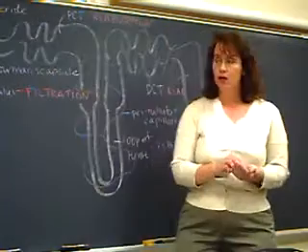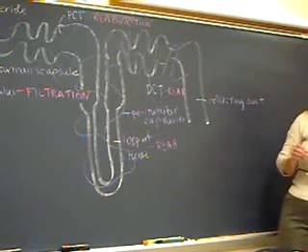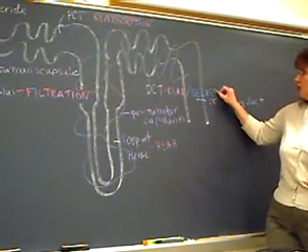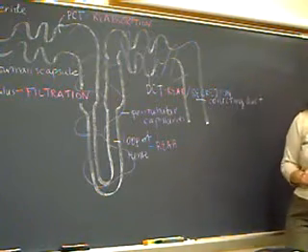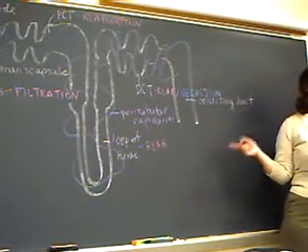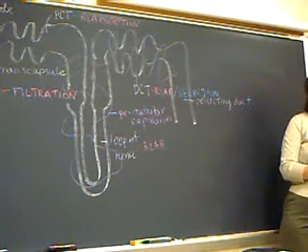Something else that happens here in your DCT is a different process. Now, we haven't talked about secretion so far. This is not the very first place that secretion occurs, but it is one place that we're going to spend a little time talking about. First, let me explain what secretion is.